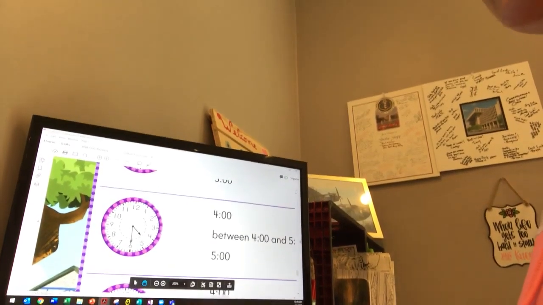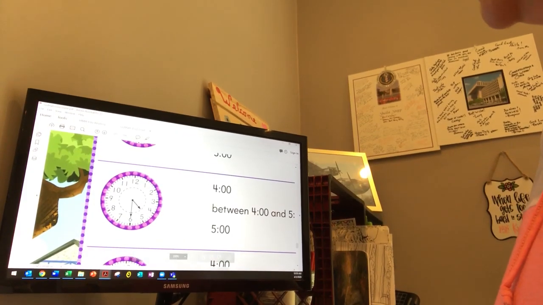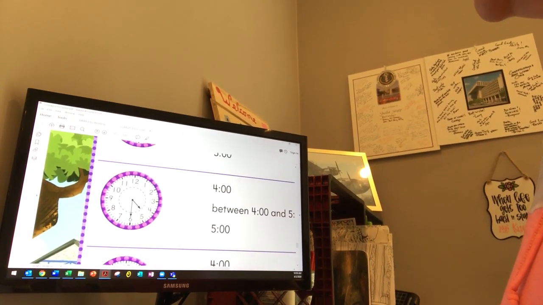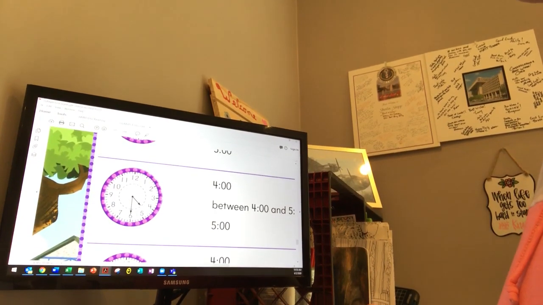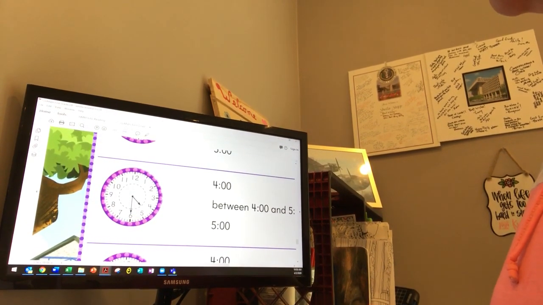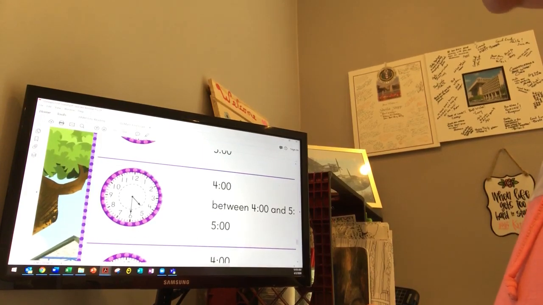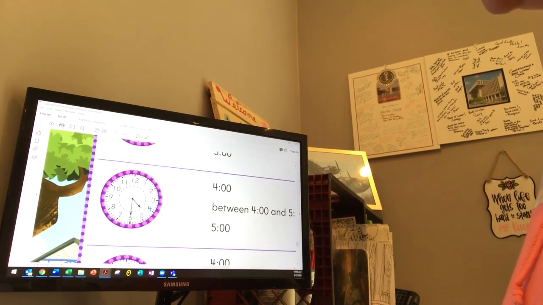So if we're looking at this clock, we can see that the hour hand is pointing between 4 and 5, and the minute hand is pointing to 6. If the hour hand is in between two numbers, we always refer back to the first number.